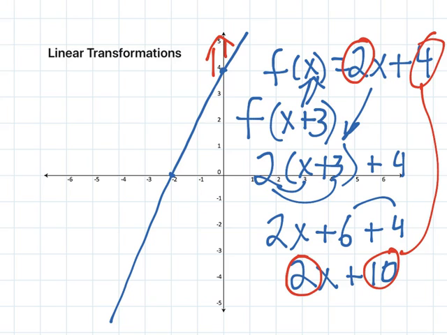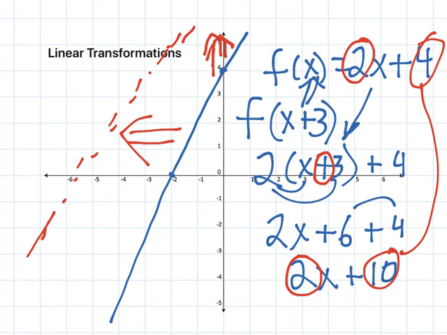And you notice when you're moving up here, the whole line now moves up because the new y-intercept is plus 10. So you're actually moving to the left. When you add, you notice you move to the left, and when you subtract, the line will move to the right.